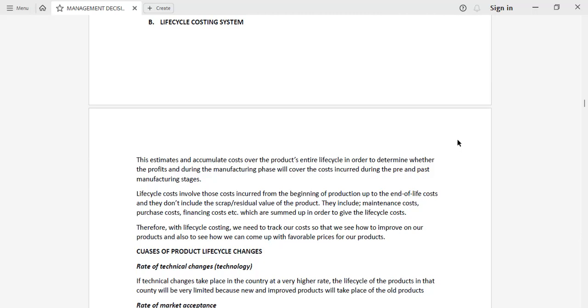So you find that they keep on renovating, just like the way you see Coca-Cola. Coca-Cola has been there for years, and you can't just wake up and say Coca-Cola is going to collapse. It's very hard because they keep on changing things.